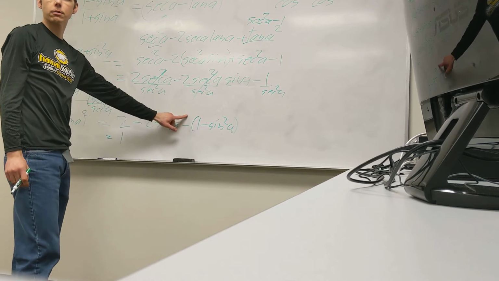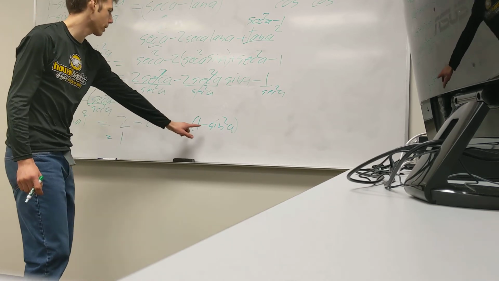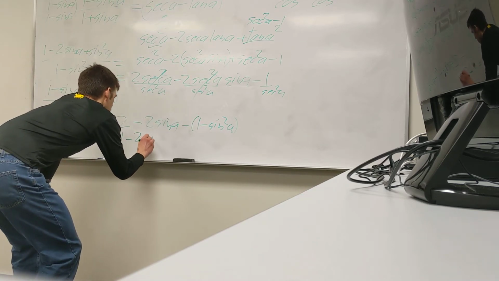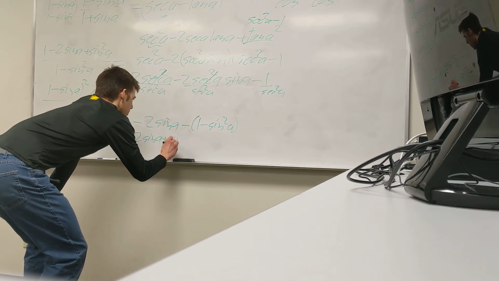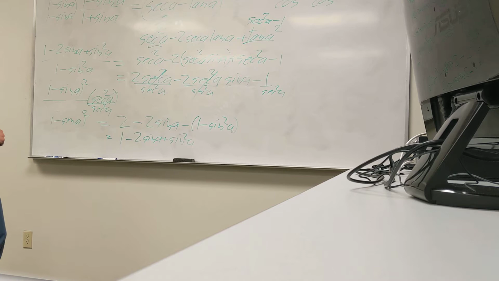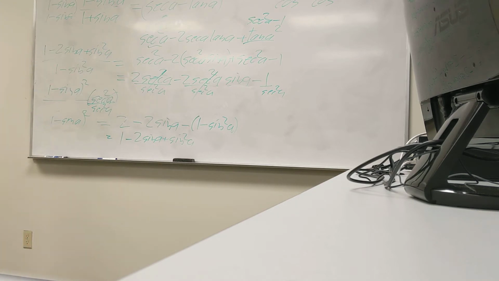And then minus 2 sine A plus sine squared A. Which is what I have on the left, right? 1 minus 2 sine A plus sine squared A, 1 minus 2 sine A plus sine squared A. So I got it, right?